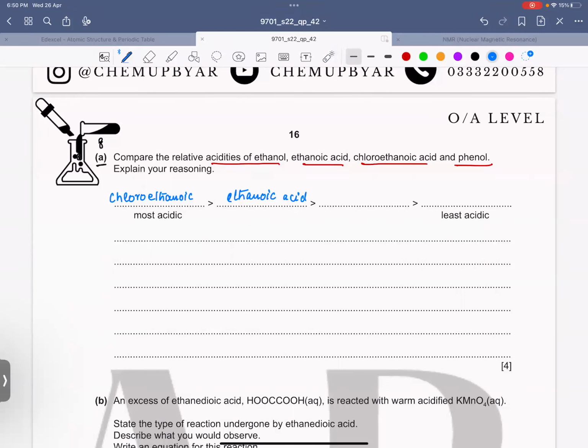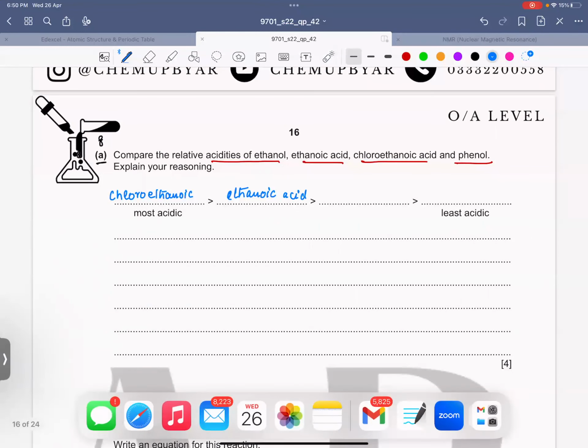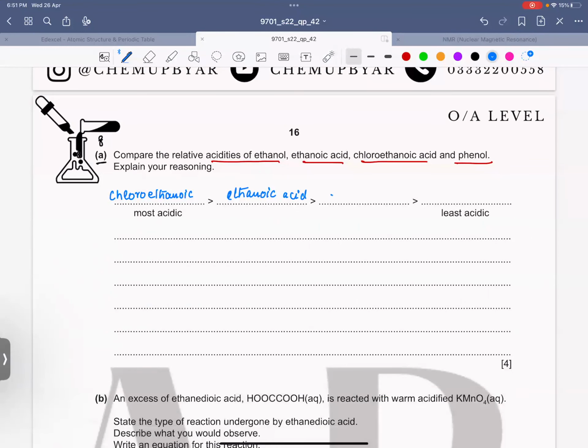Then we have phenol. Phenol is more acidic than ethanol, and the least acidic is ethanol. Okay.